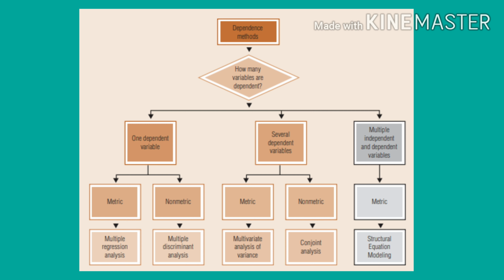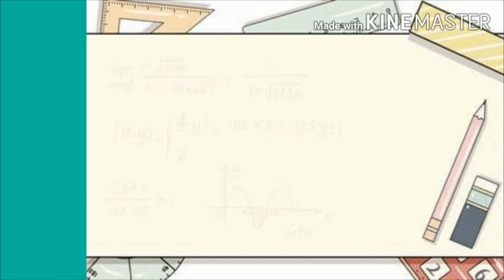These diagrams show that selection of multivariate technique requires consideration of the types of measures used for both independent and dependent sets of variables. These refer to nominal and ordinal scales as non-metric and interval and ratio scales as metric.